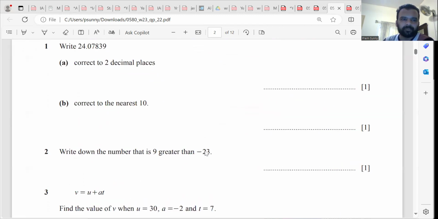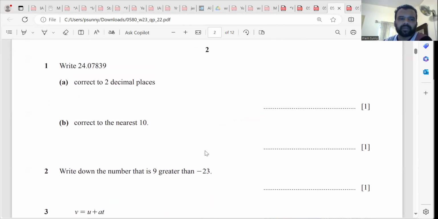Question number 1, 24.07839 correct to 2 decimal places. So 24.07839 correct to 2 decimal places means you need to check the third digit after the decimal point. So the third digit after the decimal point is 8.